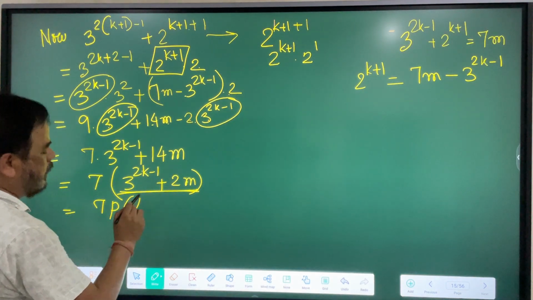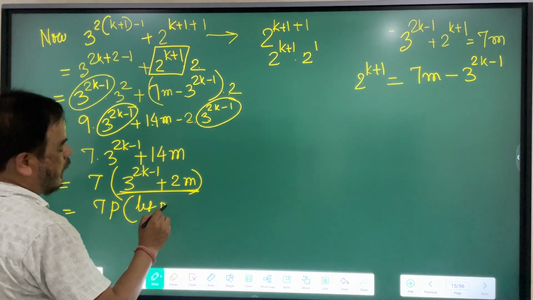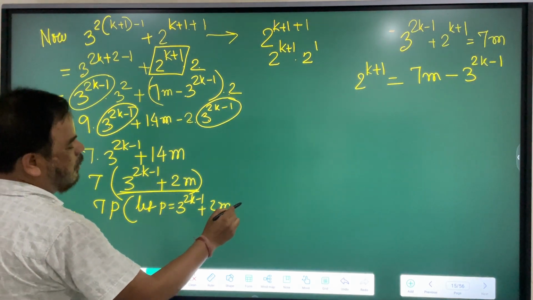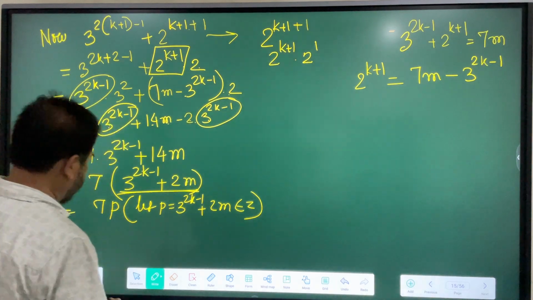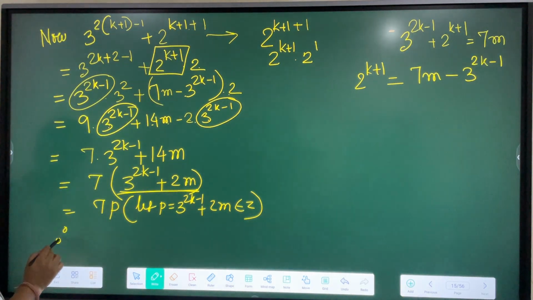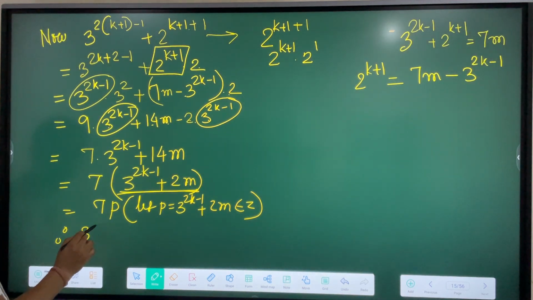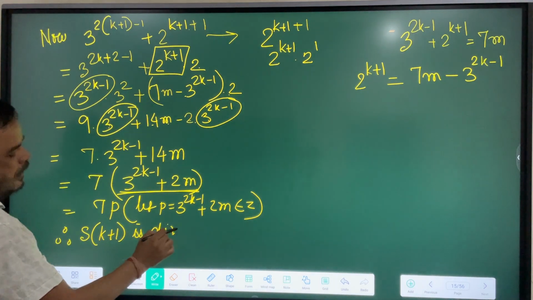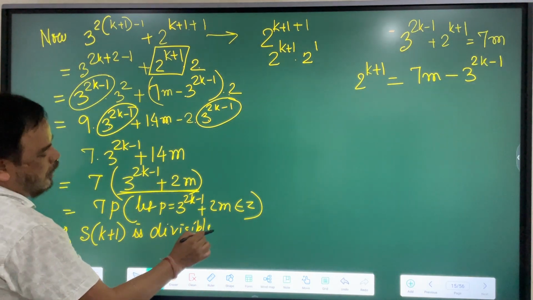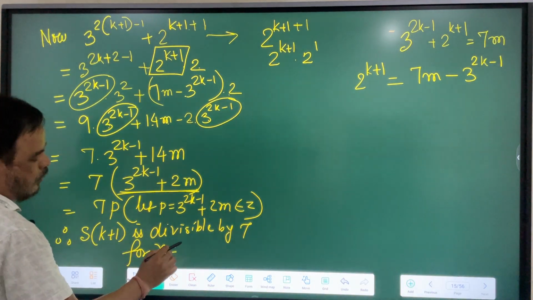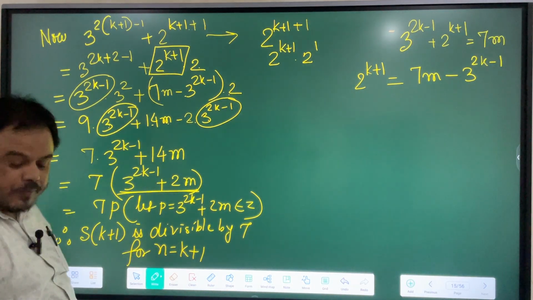So let p equal 3 to the power 2k minus 1 plus 2m, which belongs to Z. So this equals 7p. Therefore, S(k plus 1) is divisible by 7 for n equals k plus 1.